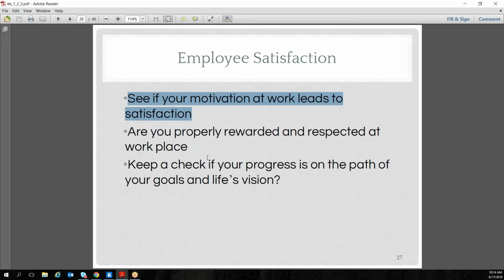Because when we achieve small milestones, the level of motivation keeps on increasing, and achieving those small milestones helps us in achieving work effectiveness and efficiency and completing our work at office, and this will eventually lead to satisfaction. So this is one thing, employee satisfaction.